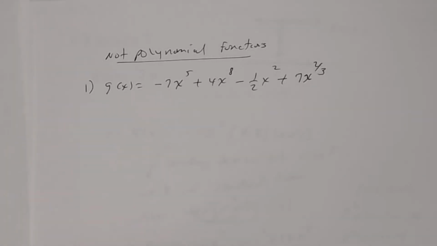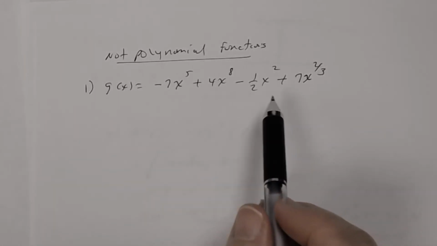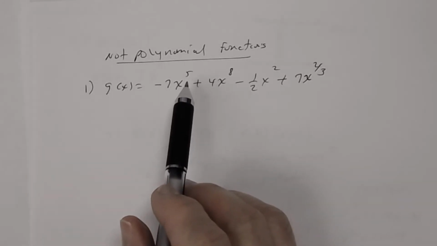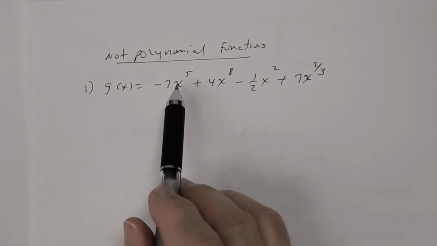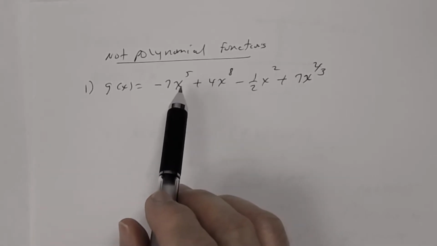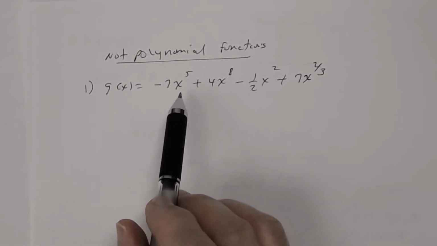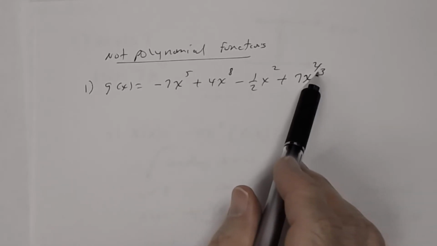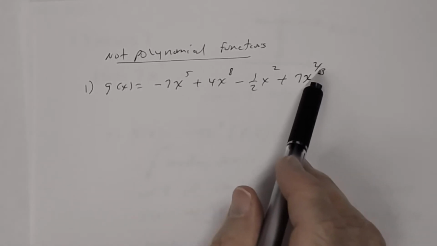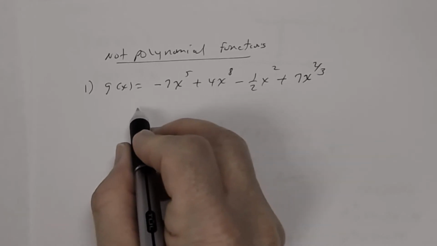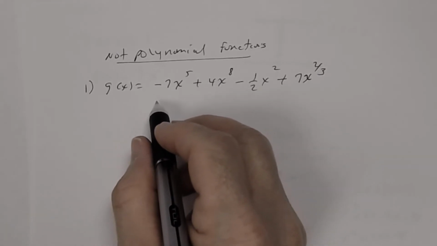All right, so this function is not polynomial. Why is it not polynomial? There's one reason why it's not polynomial. Remember, all you have to do is look at the exponent. Are all these exponents of the variables non-negative integers? Nope. That's not an integer, right? 2/3 is not an integer. Okay, so this is not a polynomial function.